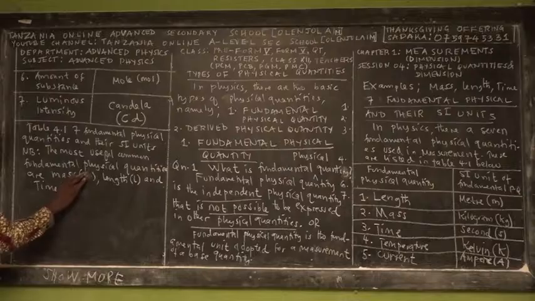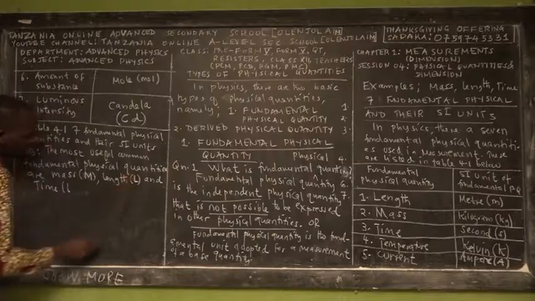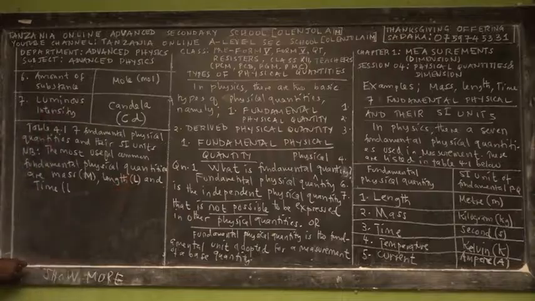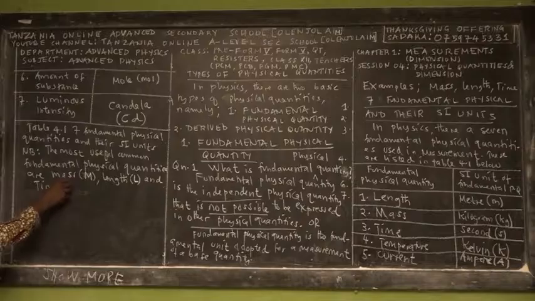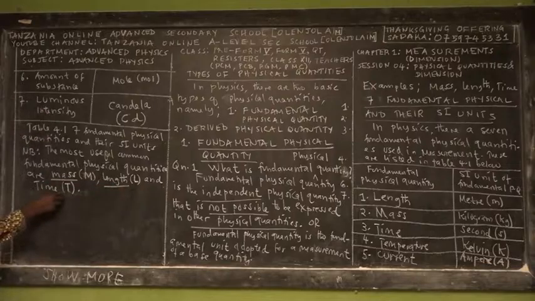The symbol in dimension for mass is capital M, for length is L, and for time is T. Remember that these are the most common useful fundamental physical quantities: mass, length, and time.